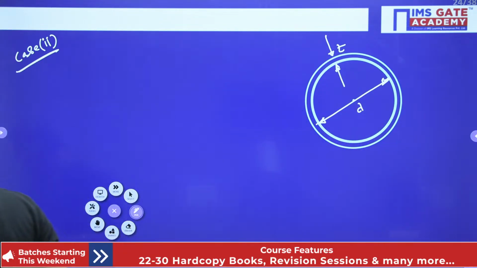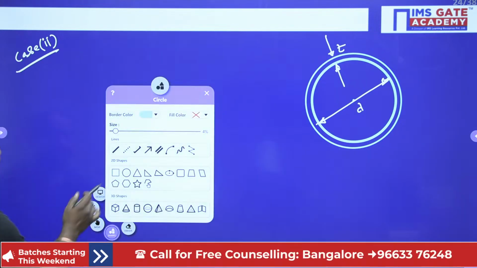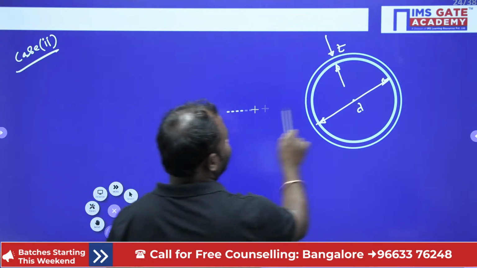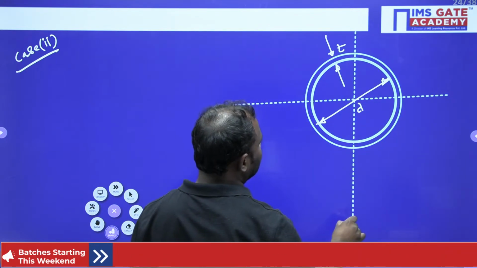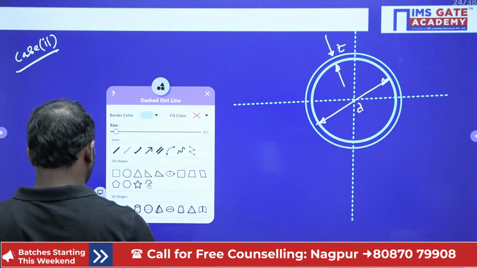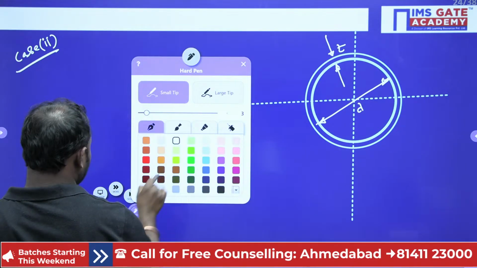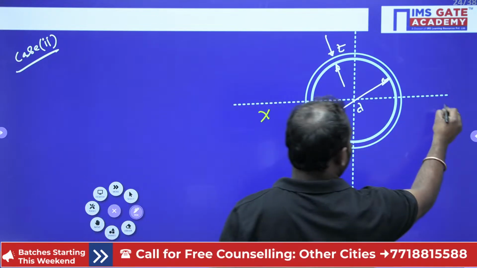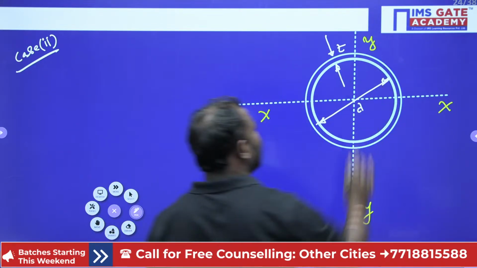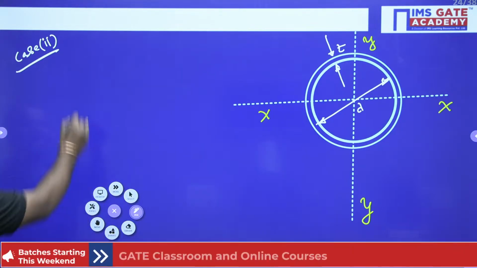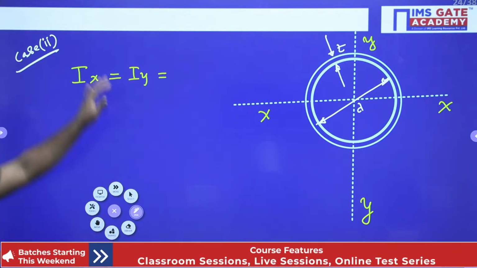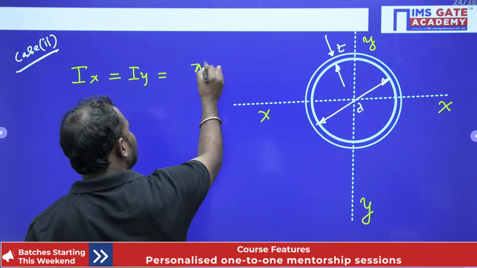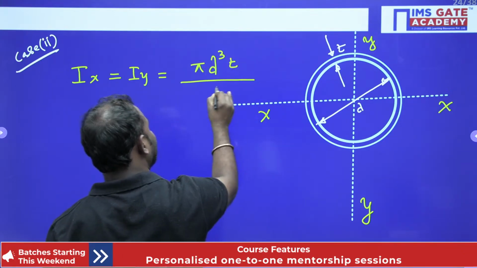Now if I wanted to calculate the moment of inertia about the x axis and y axis, for this case Ix is equal to Iy, which is equal to pi d cube t by 8.